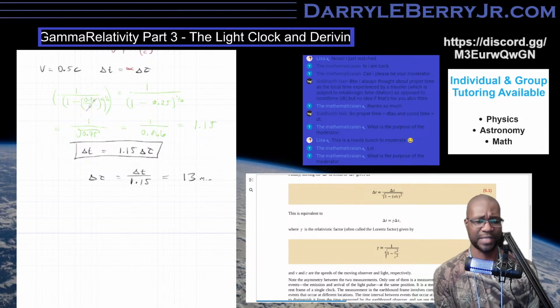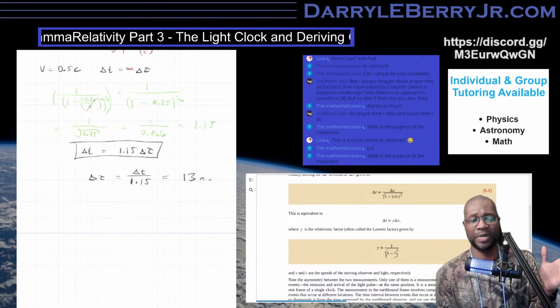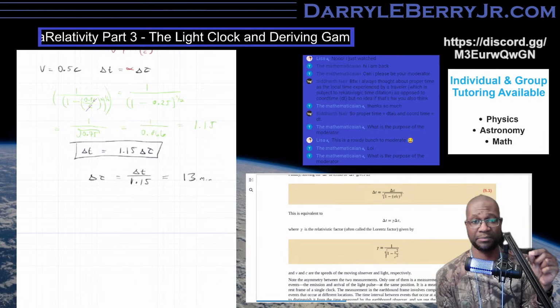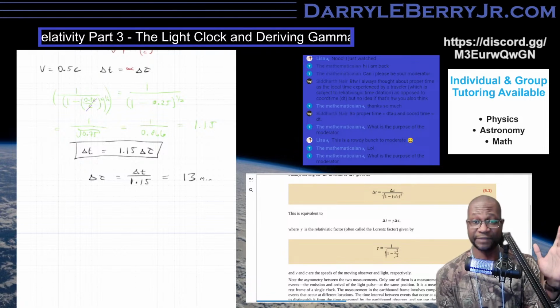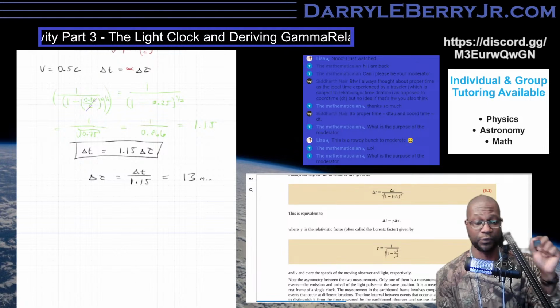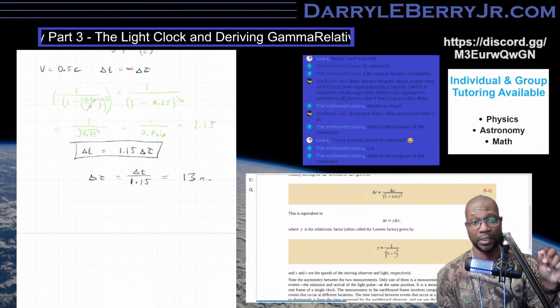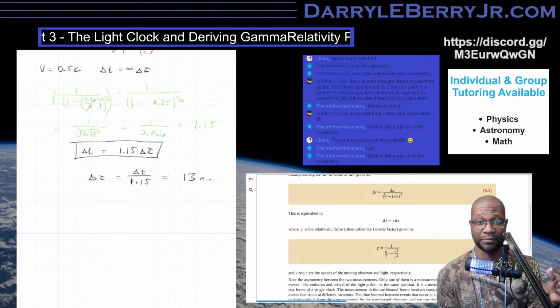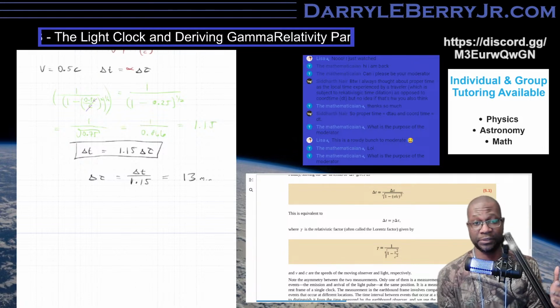So long as you recognize the key concept behind it: if you're traveling with an event and you measure that event, you will measure the shortest amount of time possible for that event. That's really the key concept this is about.